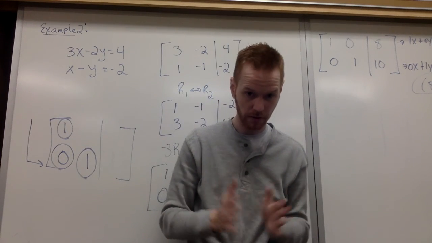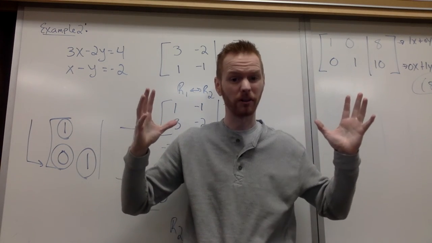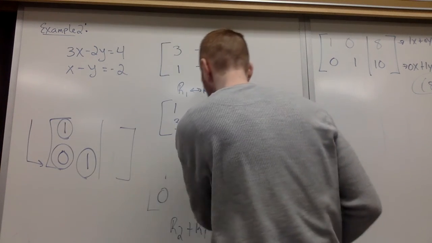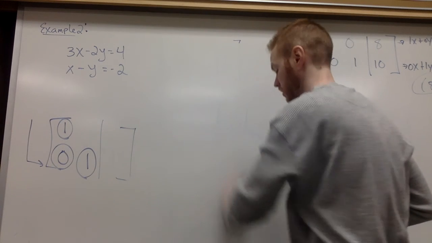Now, what happens when we do a 3x3 matrix? Well, there's a lot more involved, okay? It's still the same process. So for instance, let's say I had a matrix that looked like this.